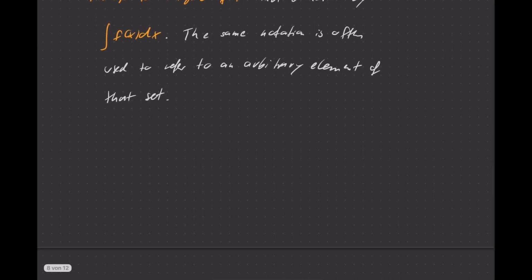And second, again, a notation, basically an abbreviation for denoting the computations that we make. So we frequently use the following abbreviations.